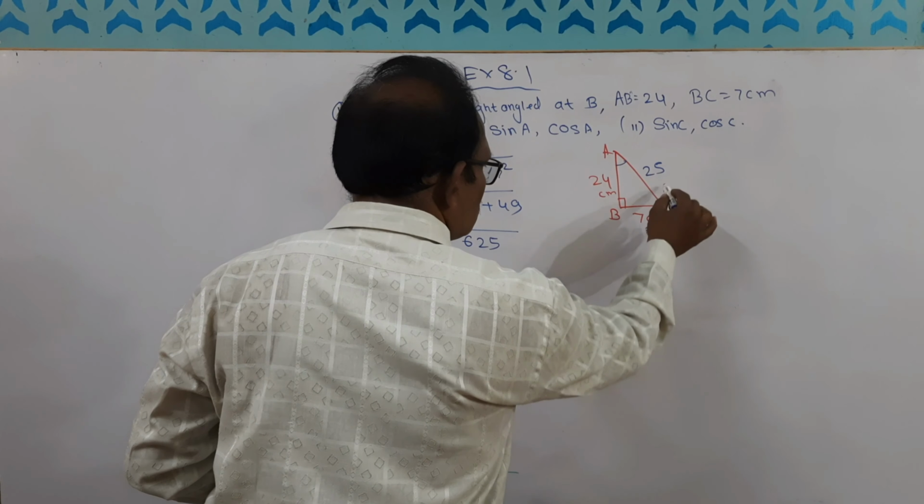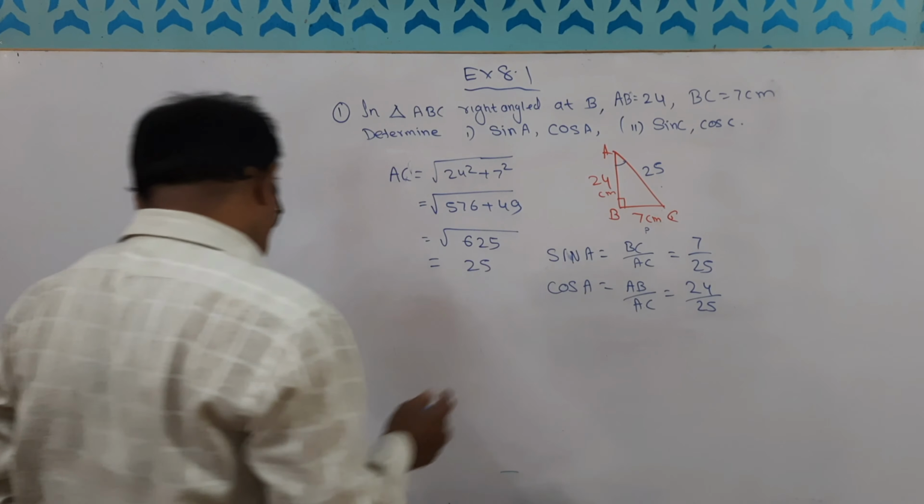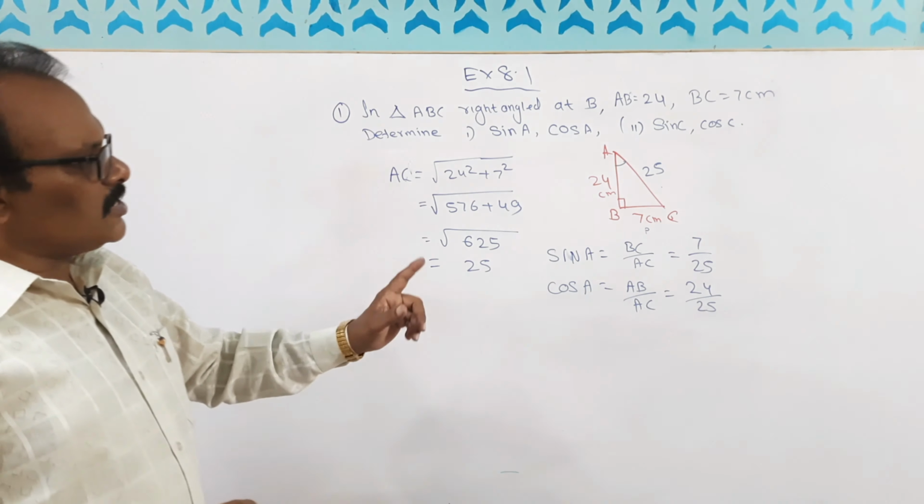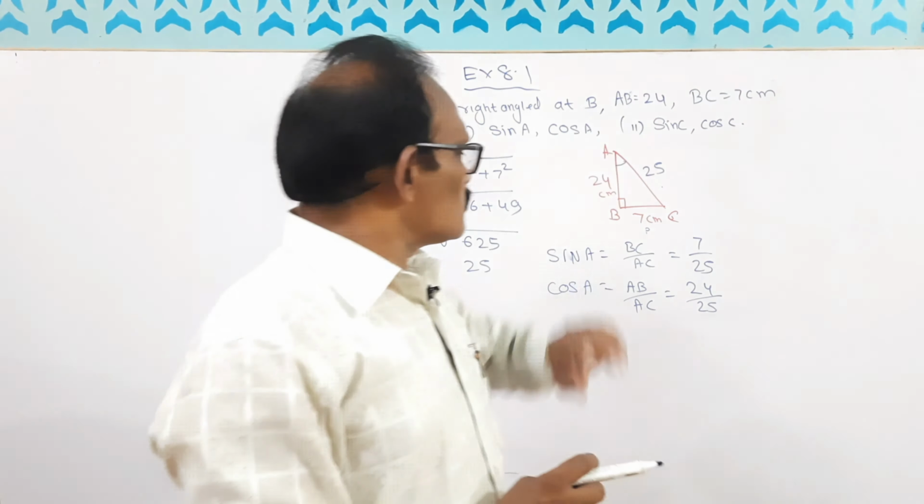Now what is cos A? Cos A, again this is A and this is B. So cos A is equal to AB by AC, that means 24 by 25. Now similarly, sin C. Sin C means this is C, so automatically this is P. We are talking about this angle, so obviously this is the base and this is the perpendicular.